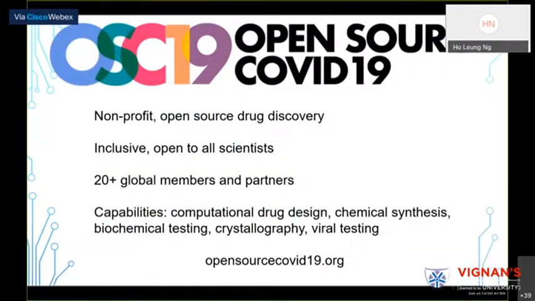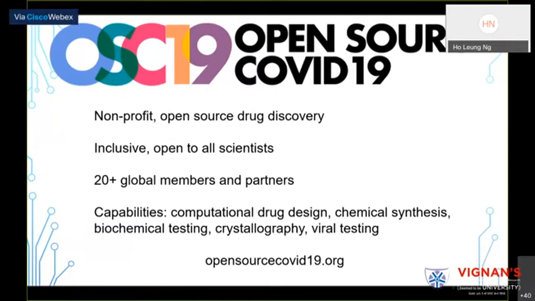So one of the initiatives I'm most excited about is OSC 19, Open Source COVID-19. This was a group that I started earlier this year. We now have over 20 members across the world.